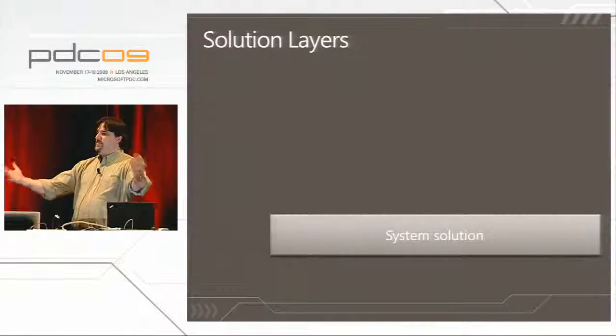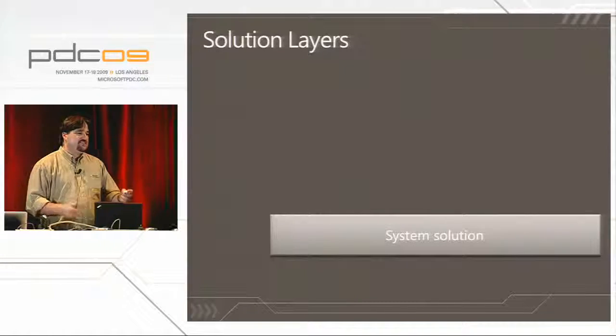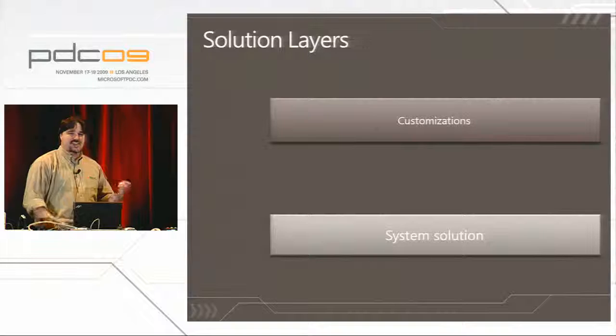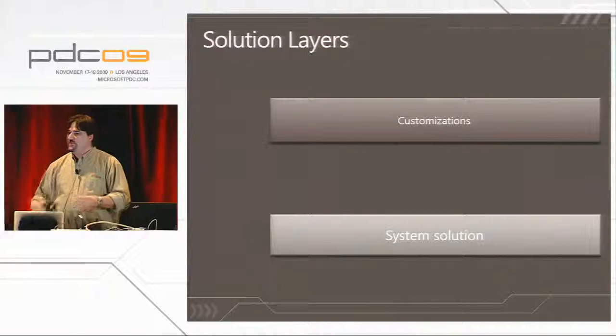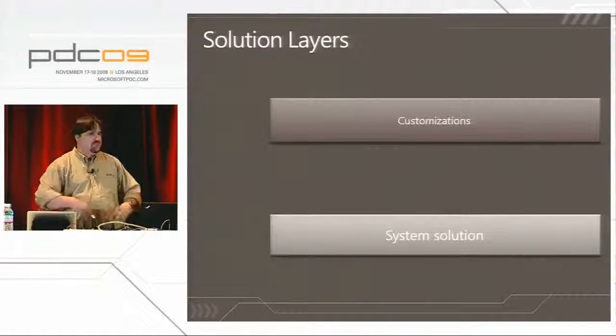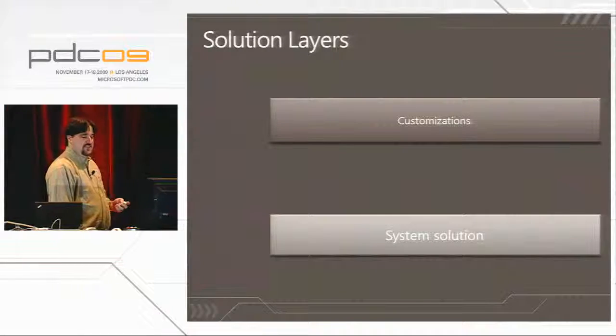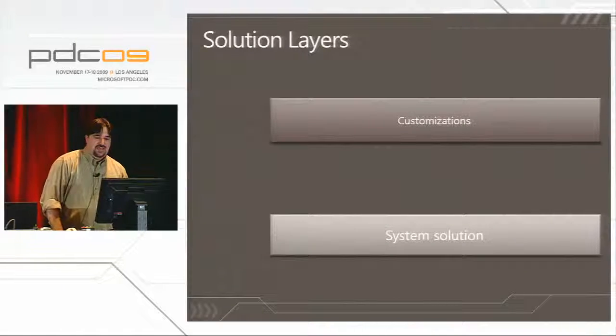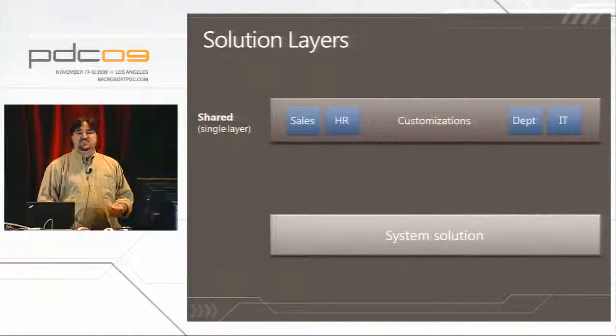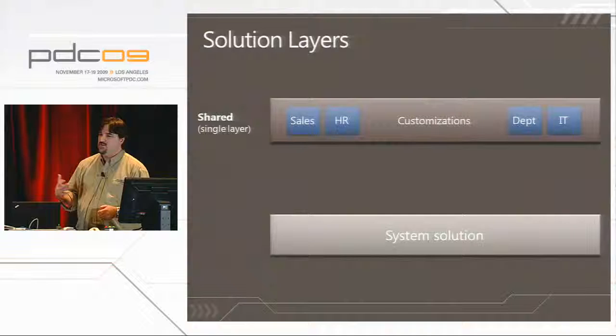So think about the out-of-the-box schema is really about this notion of a system solution. And on top of that system solution, we still provide the ability for customers to make customizations, make schema changes, et cetera, right on top of those existing entities and services. Now, inside of that, as I showed you, there's the notion of the customer wanting to be able to create their own solutions.